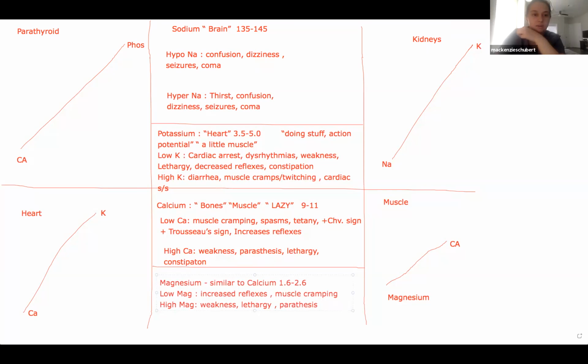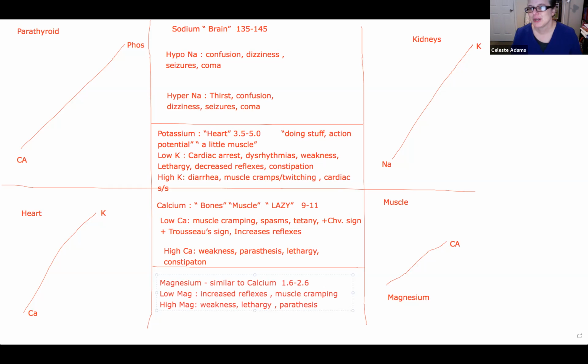I have a question. Yes, ma'am. How are we supposed to differentiate between calcium and magnesium on the exam then? Let me try to think of a good way to tell y'all. Magnesium is going to have more contractility than calcium.